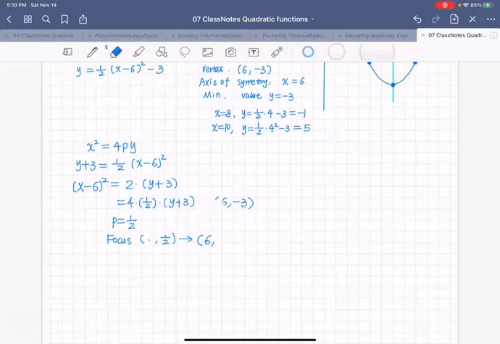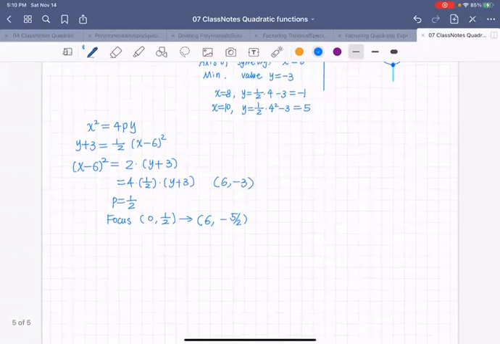So this plus this is 6. And then 1/2 minus 3 is negative 5/2, right? That makes sense? Okay, this is the focus.